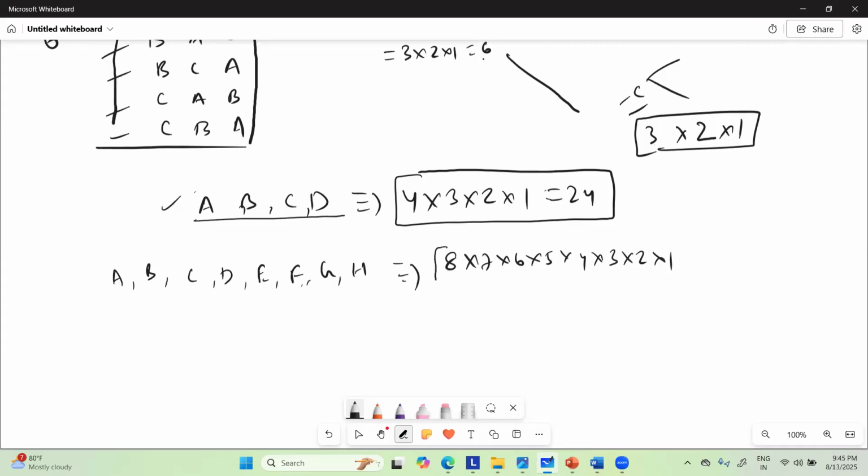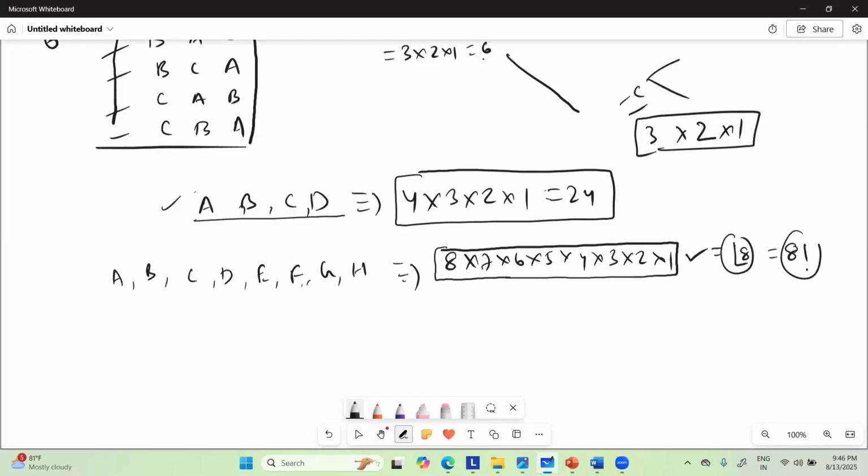So what mathematicians did, they found a way to write it, called factorial. Earlier it was written like this, but it can also be written as this. So there are two ways to write factorial. This is the most practiced one.